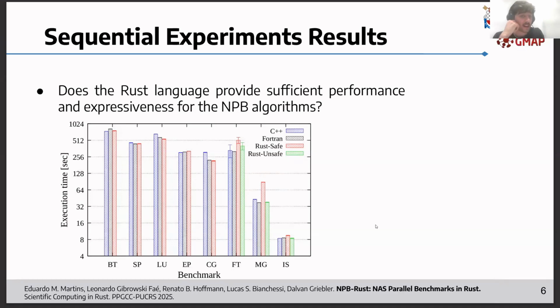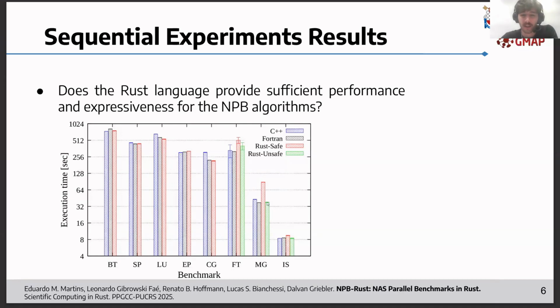We can see that Rust, in red here, indeed performed very well and achieved a performance 5.6% faster than C++ and 1.2% slower than Fortran. And we can also visualize here the performance that we achieved using unsafe. Here, MG is an edge case because this application has a lot of irregular memory access.